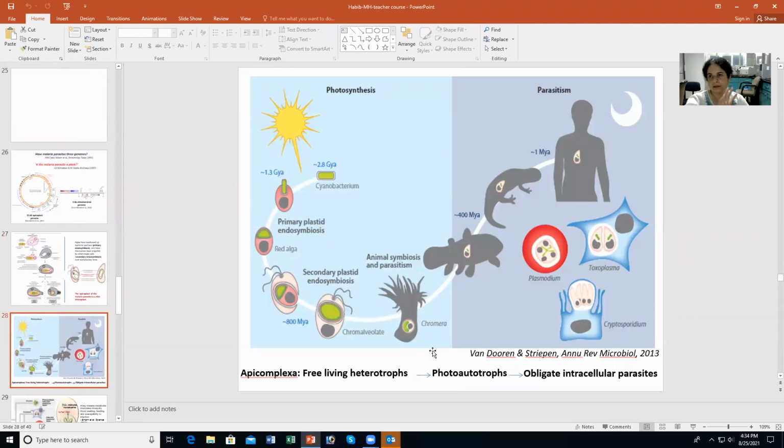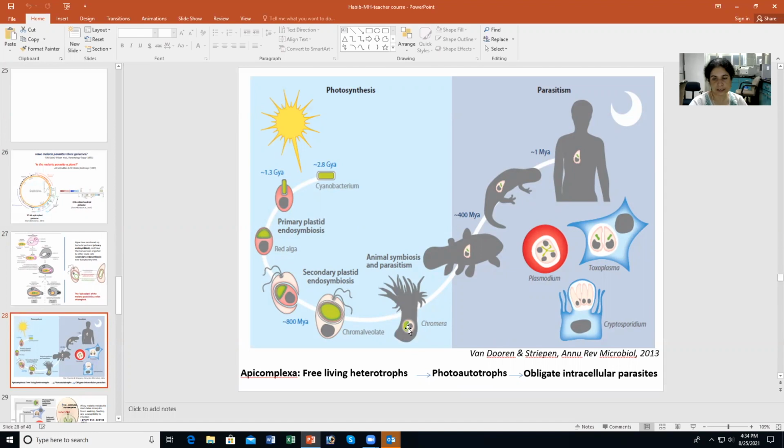If you look at the entire evolutionary process, what we are saying is that a cyanobacterium was engulfed by a primary endosymbiotic event to give rise to a red alga, for instance, and the red alga got engulfed by another eukaryote, and this engulfment process is a secondary endosymbiotic event, and you had a secondary plastid in organisms like Chromera, which are chromerids and survive on coral, living an independent semi-parasitic life on corals.